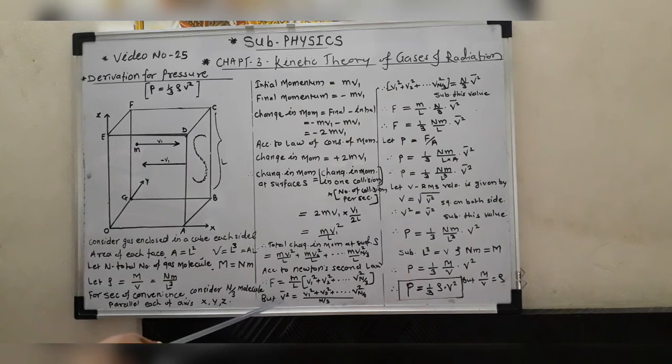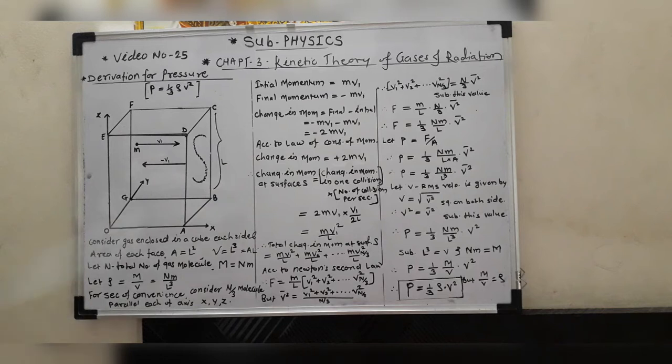What does mean square velocity mean? v1 square plus v2 square plus dot dot dot vn by 3 square upon n by 3. Because substituting the values of this bracket, v1 square plus v2 square plus dot dot dot vn by 3 square, instead of this bracket we can write n by 3 into v square bar, and this v square bar is nothing but the mean square velocity.